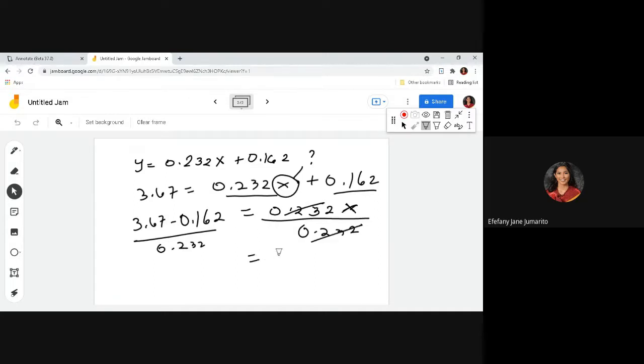So what will be the value of x? x is equal to, pila? 15.12, ma'am. 15.12. Okay, so that's it. When you have your calibration at 3.67, your concentration will be 15.12.